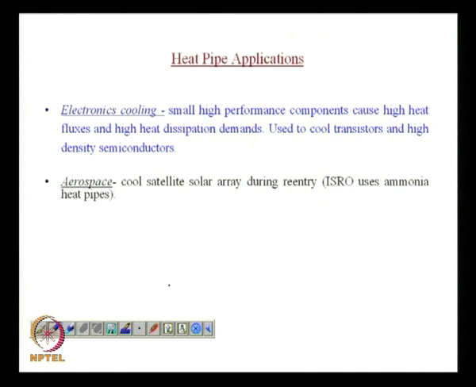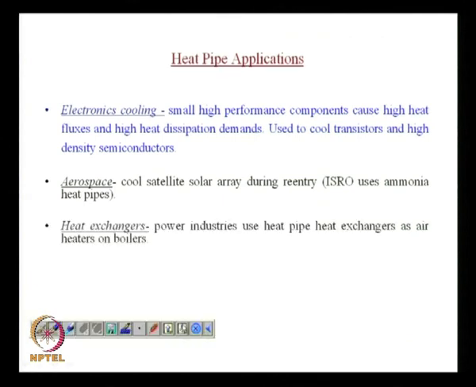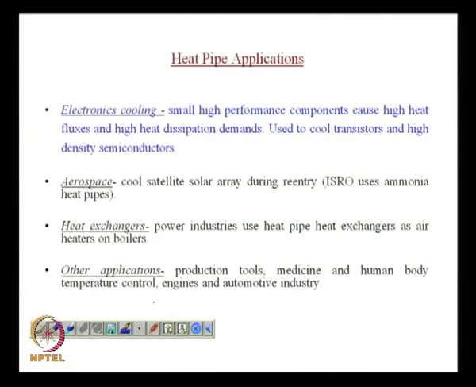So, obviously, heat pipe applications I have covered in electronics cooling, in aerospace, in some heat exchangers, and there are certain other applications including in biomedical applications, where if you would like to burn certain cells inside your body, heat pipe is an effective method, because you cannot have a very hot tip getting into a human body.